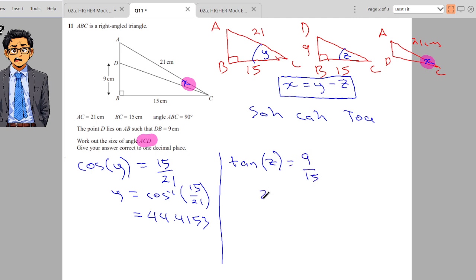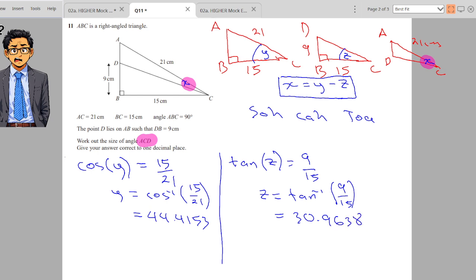Again, using the inverse function of tan, Z would be tan inverse of 9 over 15. So using our calculator again, shift tan, fraction 9 over 15, and that would give me 30.9638, and so on.